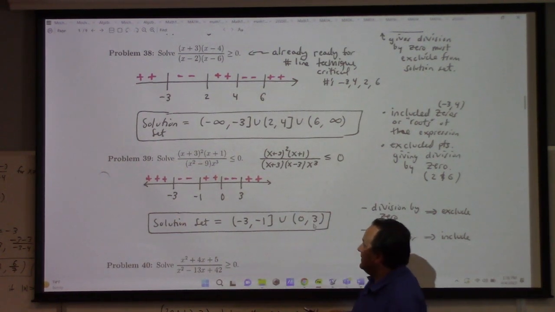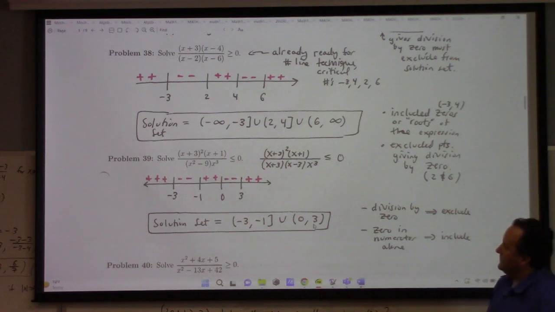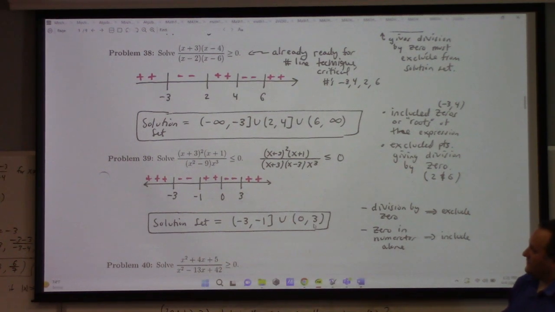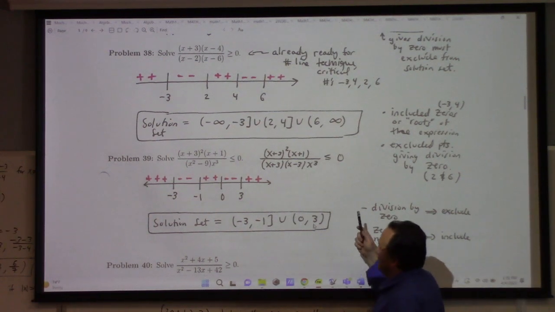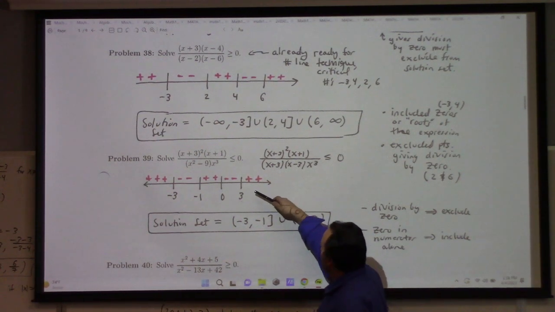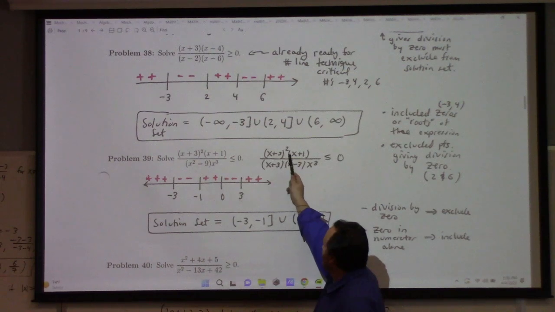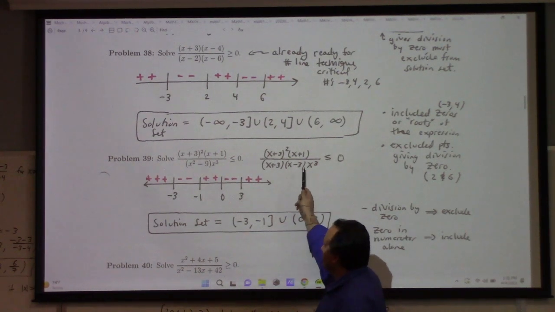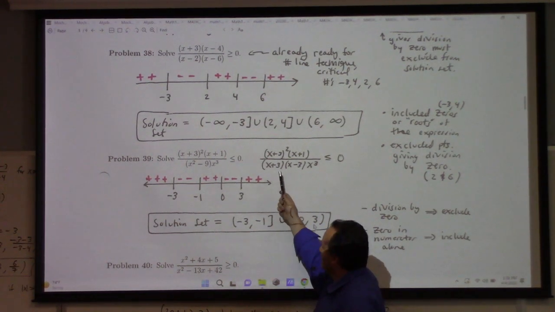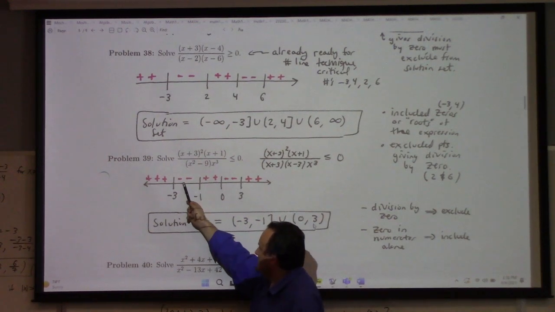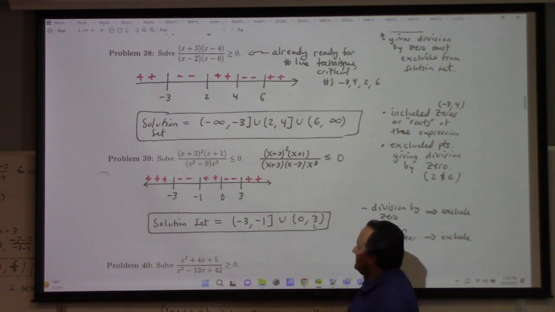So, even though there's a square upstairs, since there's also an x plus 3 downstairs, every factor has odd order. So we always have a sign flip at each critical number. And then I just think about plugging a number in like 4. If I put a 4 in here, every term here is positive, so I get positive. And then I flip from plus to minus, minus to plus, going across like that.